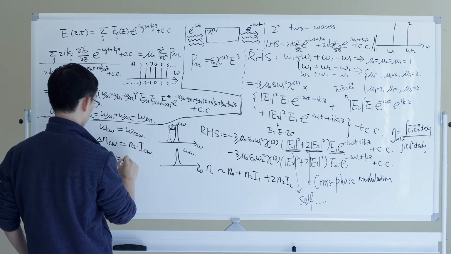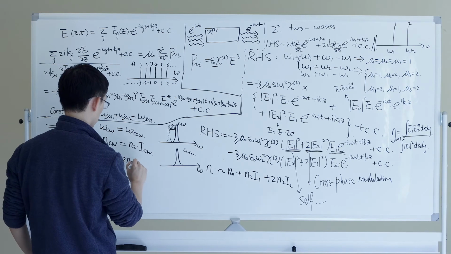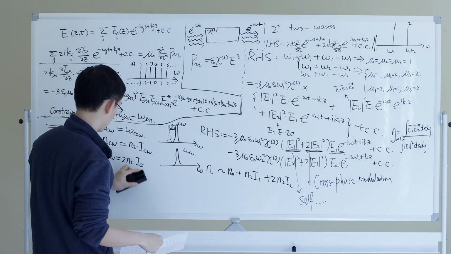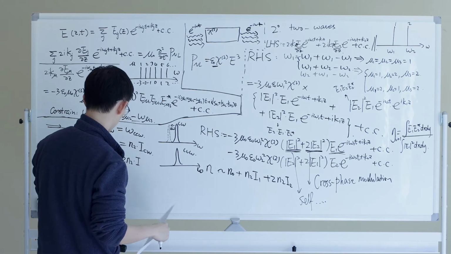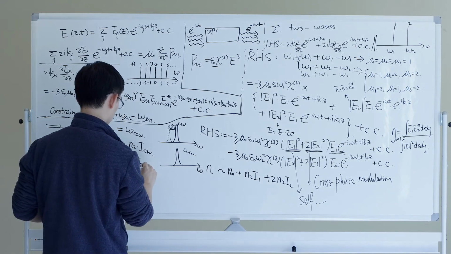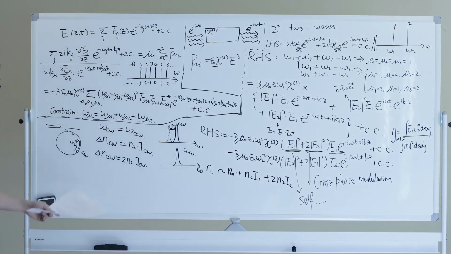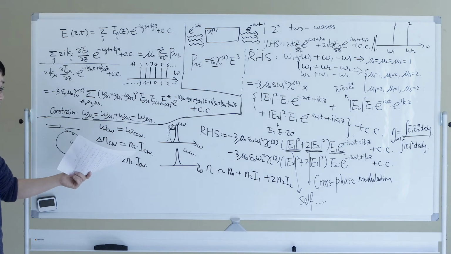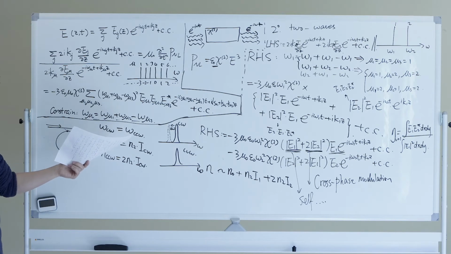So this one becomes 2 N2 I CW. Okay, so your refraction index change of the counterclockwise direction is actually twice as much as the clockwise direction.